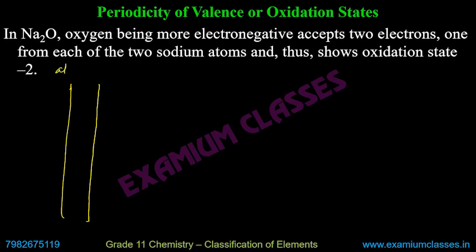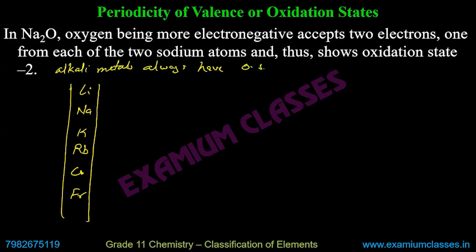The alkali metals, lithium, sodium, potassium, rubidium, cesium, etc., oxidation state is always +1. The alkali metals always have oxidation state equal to +1.